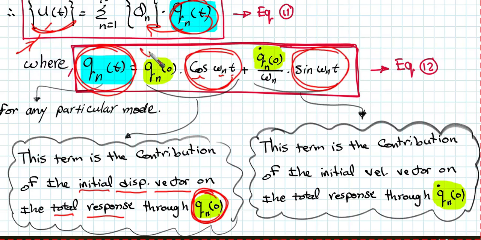But Qn node and Q dot n node over omega n, or this item in specific, are providing the initial conditions. This means what?